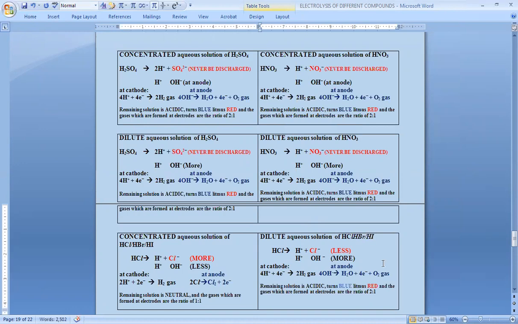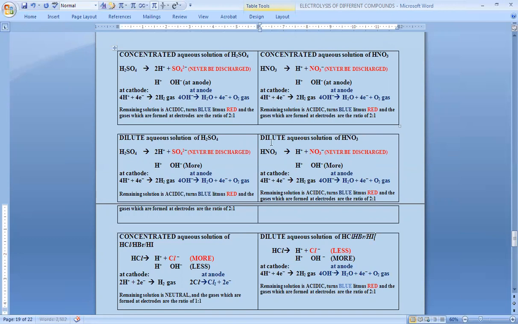The ratio is 2:1 because OH ions are more in number, while chloride, bromide, iodide are less in number. As a result, the resulting solution remains acidic because H can be evolved from the solution with the OH ion. So H positive and Cl negative are there. These substances are acidic in nature, so the resulting solution is also acidic.